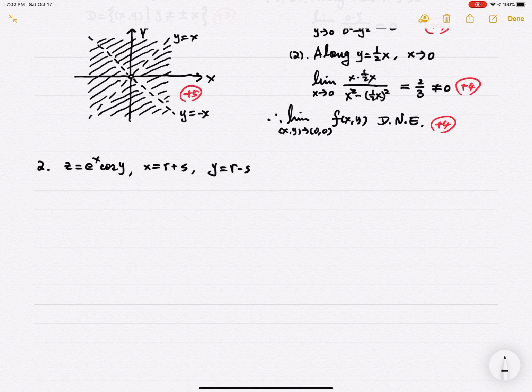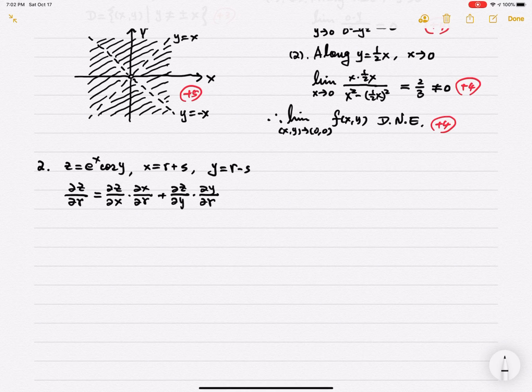So we calculate partial z, partial r first. This is by chain rule. So this is partial z partial x times partial x partial r, plus partial z partial y times partial y partial r.